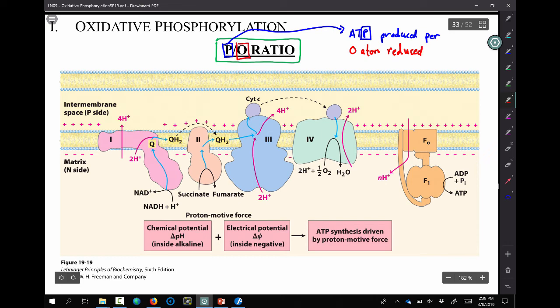O would be oxygen. Of course, the oxygen atom comes from molecular oxygen. But that's where we get this idea, PO ratios: ATP produced per oxygen atom reduced.